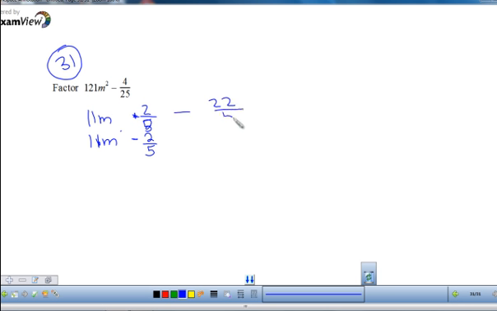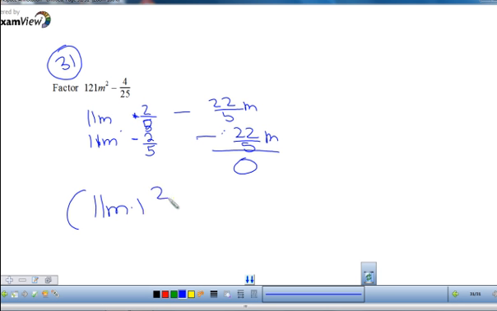So again, my middle term has to be 0. Okay, so that gives me 0. So the answer is 11m plus 2 over 5 and 11m minus 2 over 5.